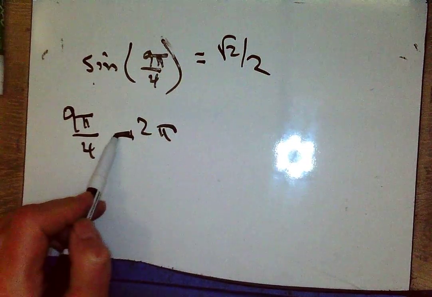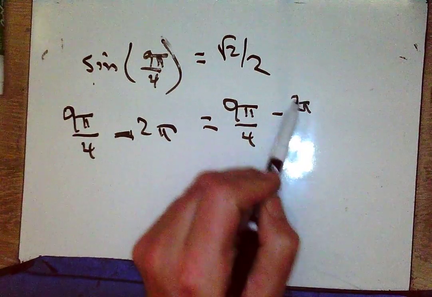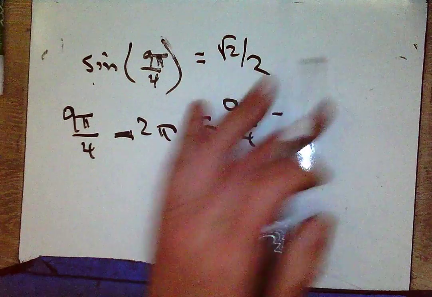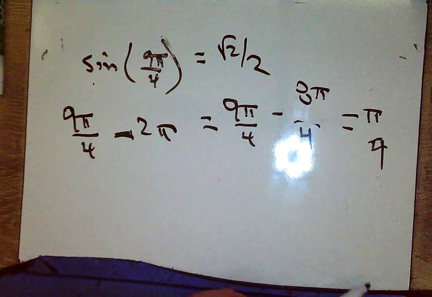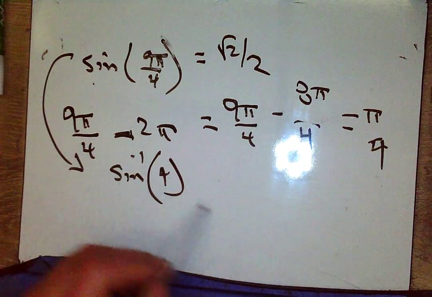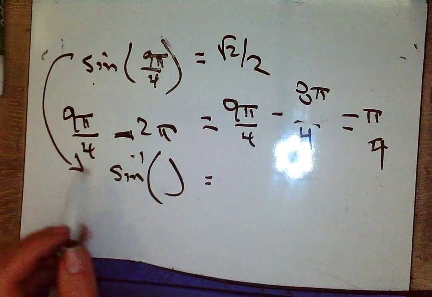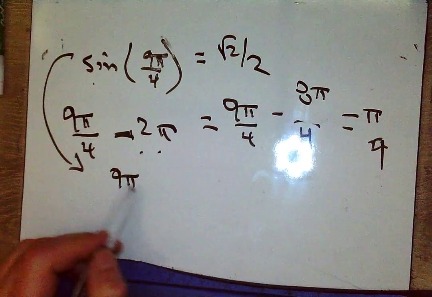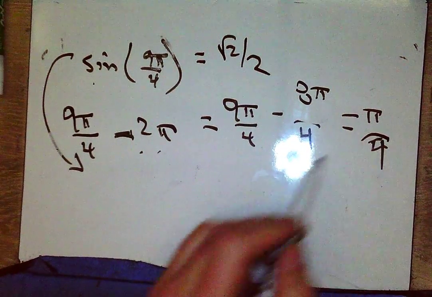So to get something back on our unit circle, I'm going to subtract 2 pi. 9 pi over 4 minus 8 pi over 4 is 1 pi over 4.